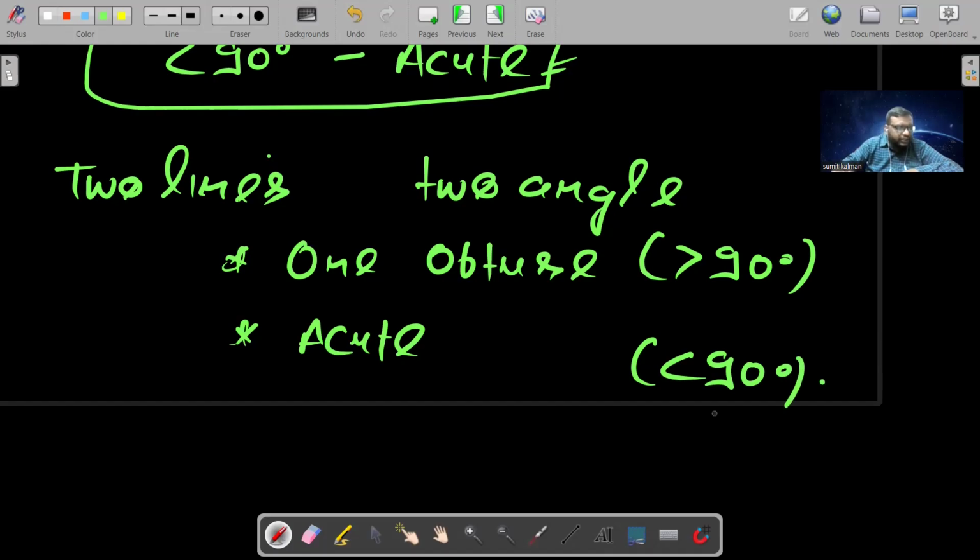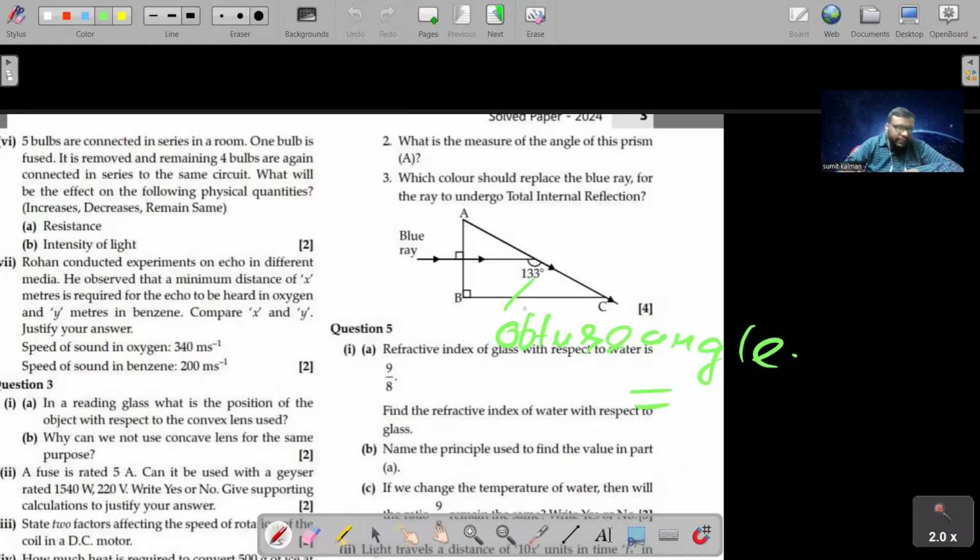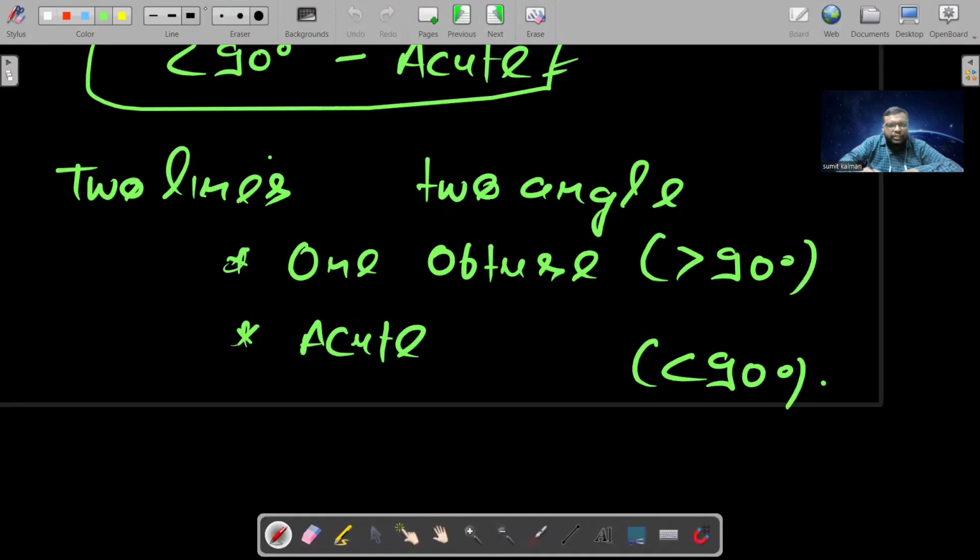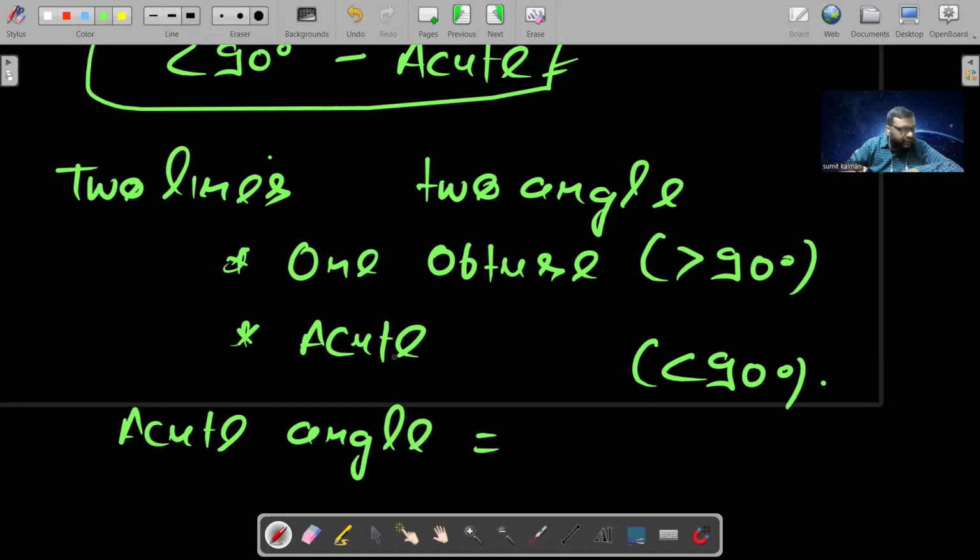So students, here in the prism, we will calculate acute angle. These two angles add up to form 180 degree.